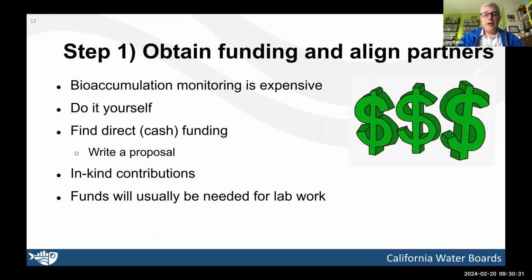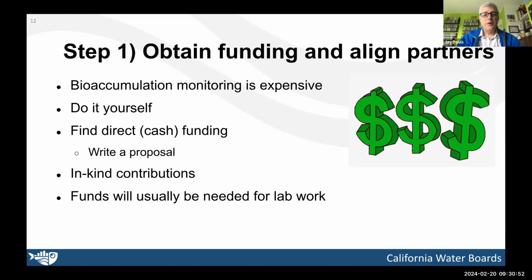Some of this can be cash, some of it can be your own time or in-kind contributions of services, but bioaccumulation monitoring is expensive, especially when you want to analyze organic chemicals like PFAS or PCBs.